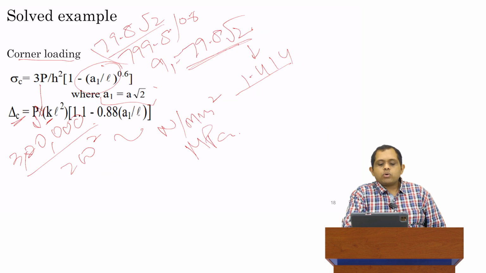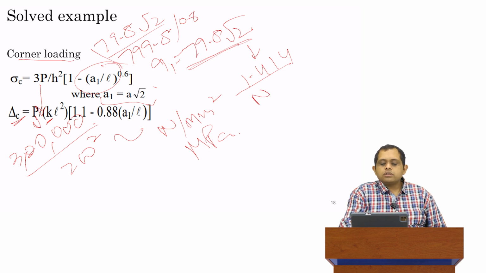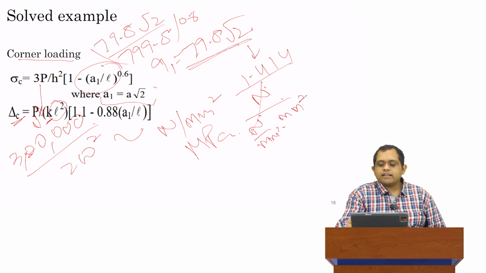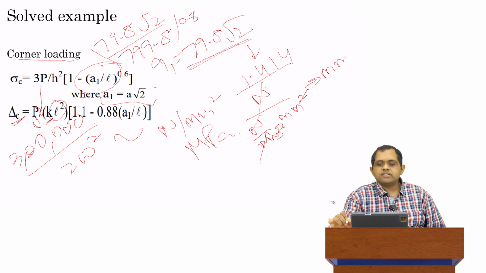All right, so what I have here is some Newton divided by Newton per cubic mm, and L is also going to be in mm, so this is L square, mm square, Newton cancels out, this is 3, and so I'm going to get the solution in mm. So if I follow this formula and use a consistent system of units, then I'm going to get the solution in millimeters.